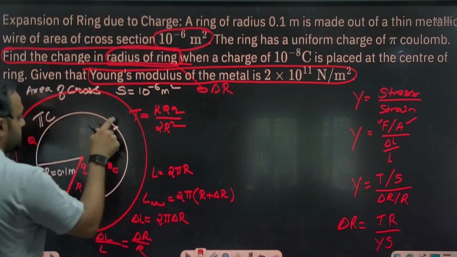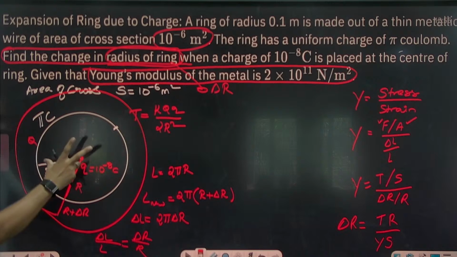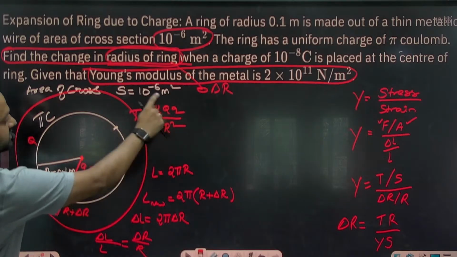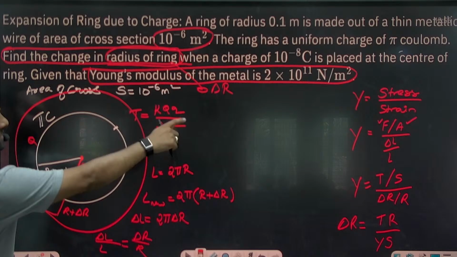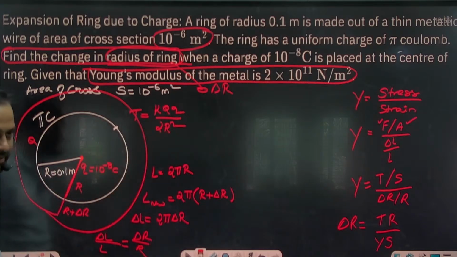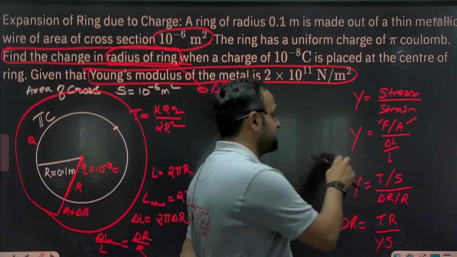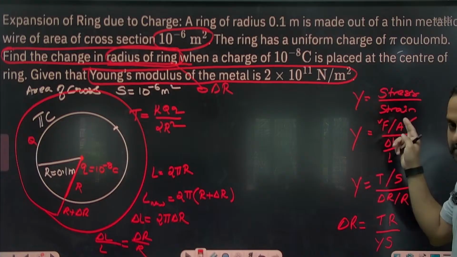So this ring, because of repulsion, instead of radius R is becoming radius R plus delta R. Why is this happening? Because of tension. This tension we have already calculated earlier. It is KQq divided by 2R square. Young's modulus is stress divided by strain.